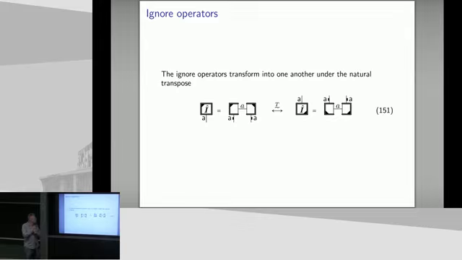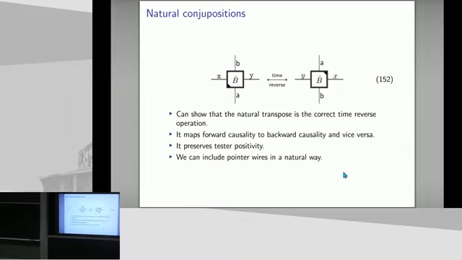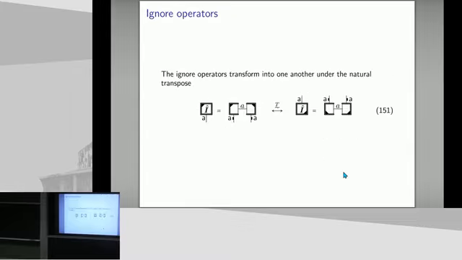Okay. Sorry, I think I lost track of why we care. Why do we want this natural transpose such that you can transform the ignore operator? So we want to have a time symmetric formulation.